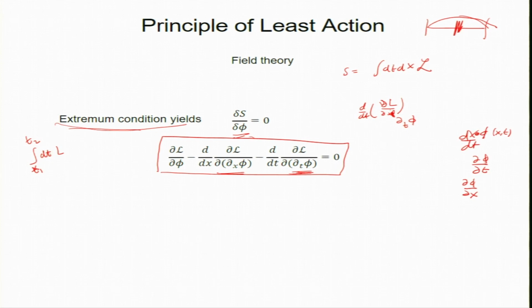We do not change the field at the end points. Similarly, the constraint here is that the fields are not changed at times t1 and t2. So, if you put that constraint like what we did for particles, we will get this. It is more algebra, but on exactly the same lines. In fact, you can see the motivation why these terms are coming.